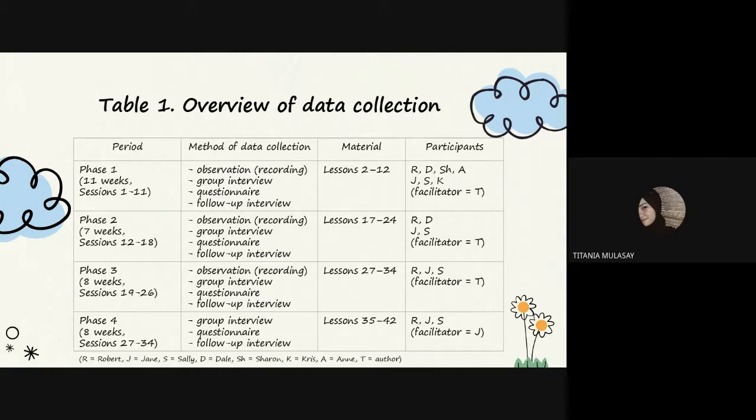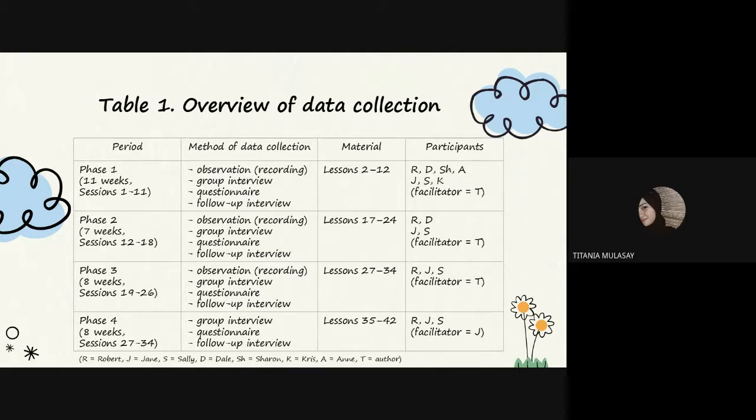Phase 3, 8 weeks, session 19 until 26. Teacher used methods of data collection such as observation, group interview, questionnaire, and follow-up interview, and the materials given are 27 until 34 with the participants Robert, Jen, Sally, and the author as facilitator.